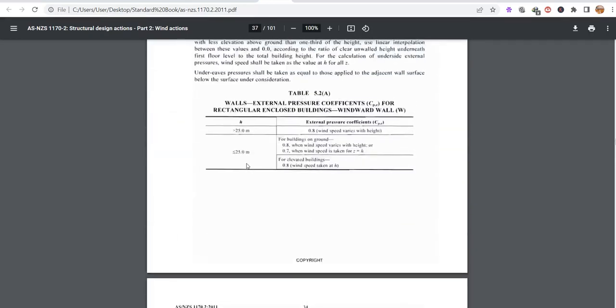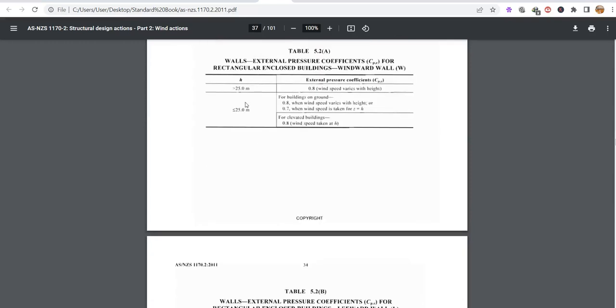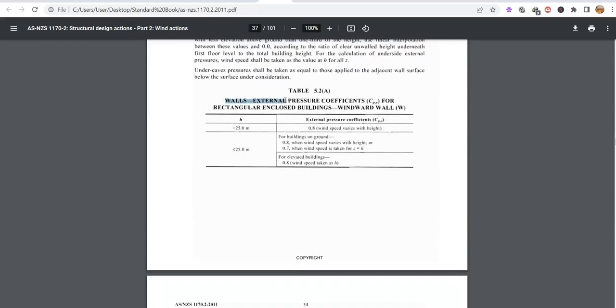Wall external pressure must be from here. Yeah, wall external pressure, table 5.28, for rectangular wall and closed building, windward wall W. So for H, that is the height of the average roof, that is less than 25 meters.